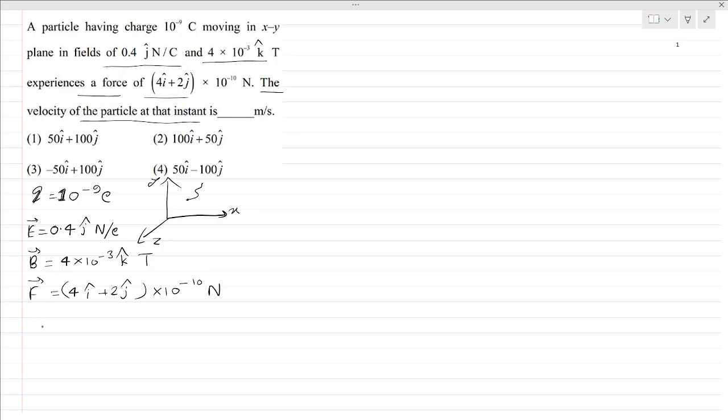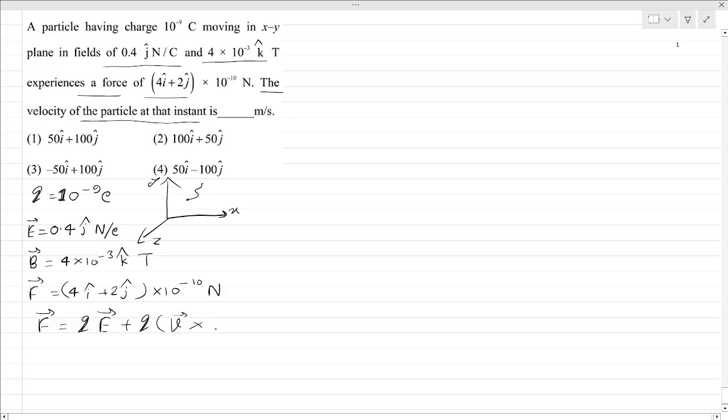So if you want to write the Lorentz force, you know that the Lorentz force for the charge in presence of both magnetic and electric field, we can write Q into E vector plus Q into V vector cross B vector, where V is the velocity of the charge in presence of the electric and magnetic field due to the experience of force of the fields.